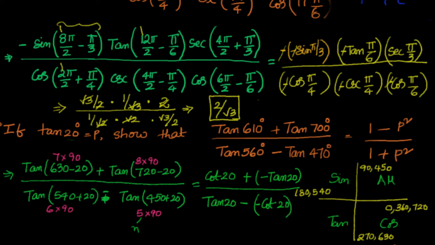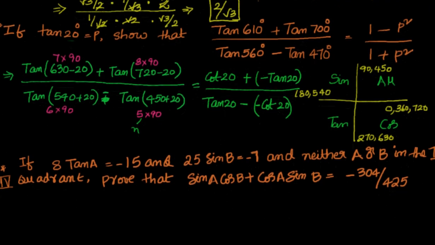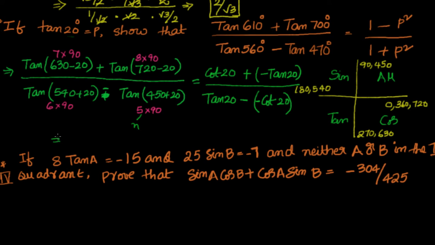Tan is negative because sine is only positive there. So what it will become now is cot 20, we know tan 20 equal to p, that means cot 20 is 1 by p, plus of minus is minus, tan 20 is p divided by, tan 20 is p, minus of minus is plus, and cot 20 is equal to 1 by p.